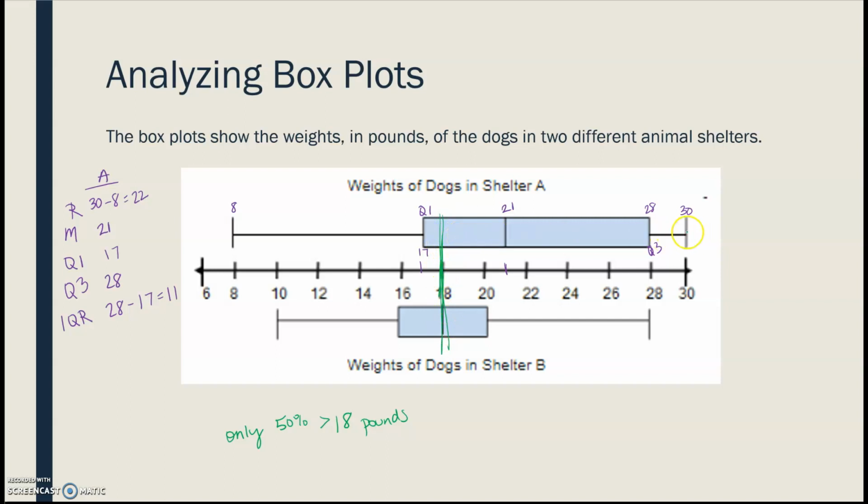Well, this one has 25% plus 25% and almost 75%. This one has 25% plus 25%. So it would be shelter B if I was looking for one that had only half of the number of dogs above 18 pounds, okay?